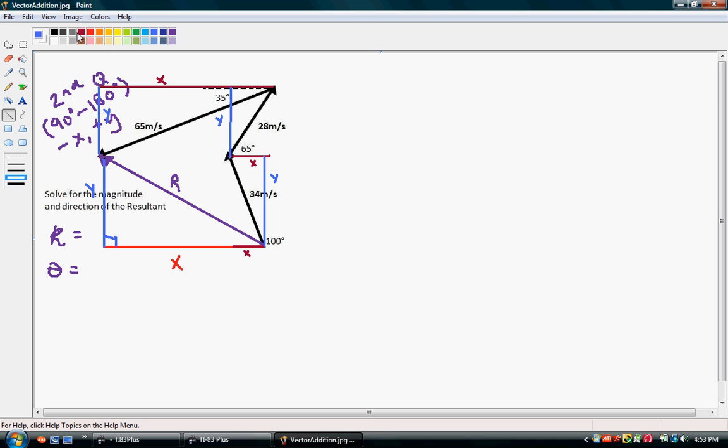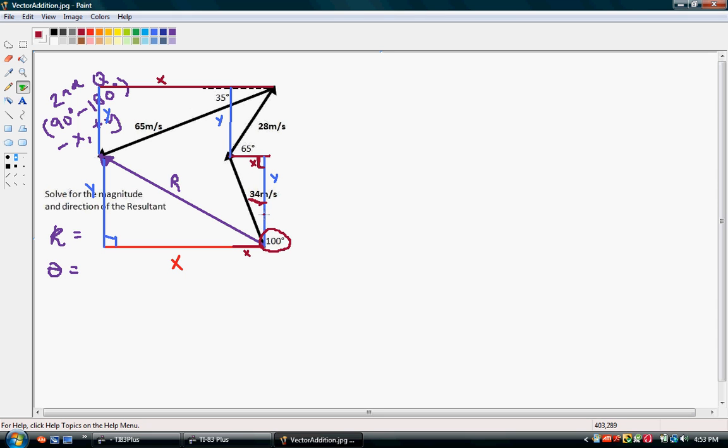Alright, so let's try x first. Here you'll notice that we have nice clean lines and that we are actually able to make a little right triangle here, where the hypotenuse is 34 meters per second. And the direction is 100 degrees.